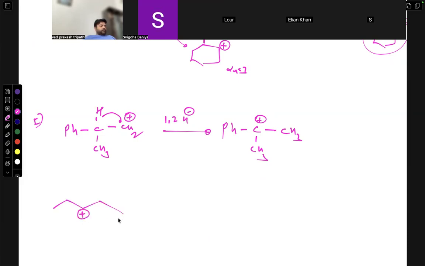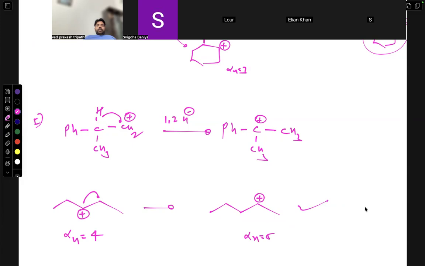What about here? Does rearrangement take place, yes or no? If yes, then what would be the newly formed carbocation? How many alpha H right now? 4. If you shift the positive charge to the neighboring atom, suppose here, how many alpha H then? 5.